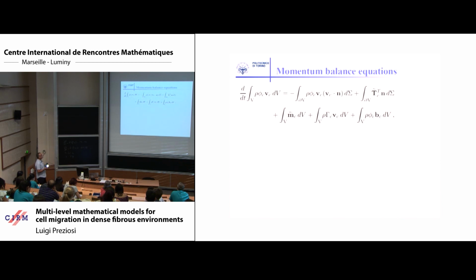This is the momentum: the density times the percentage of volume occupied by the cells, and the velocity, m times v. So you make the integral. This is essentially the mass multiplied by the velocity, and you ask why this momentum should change in time.